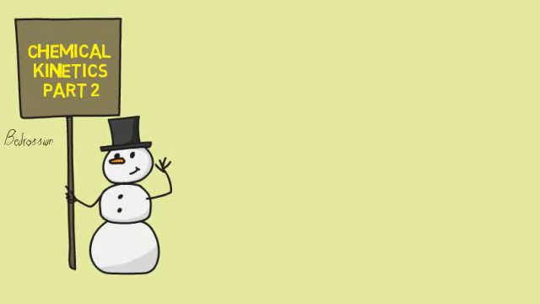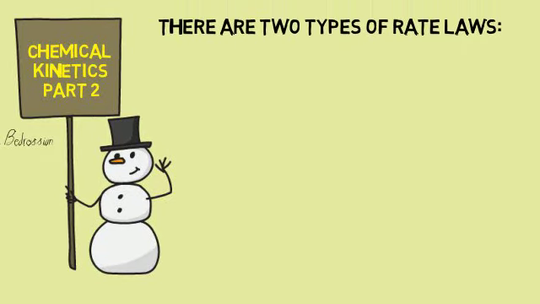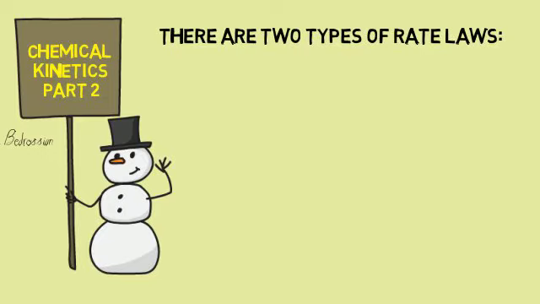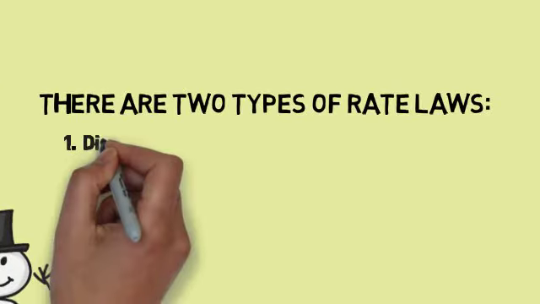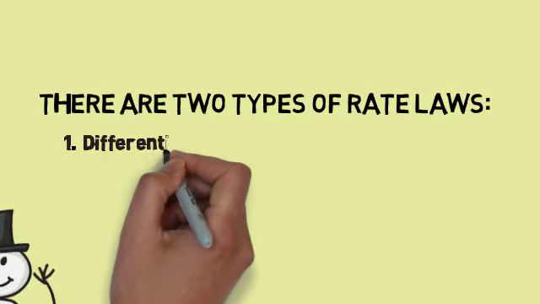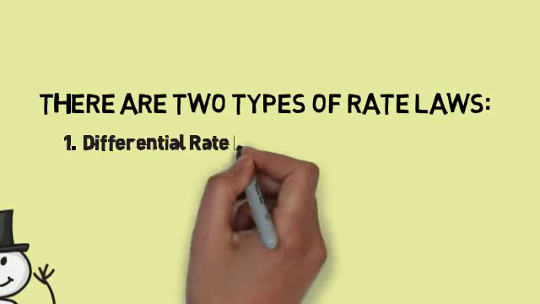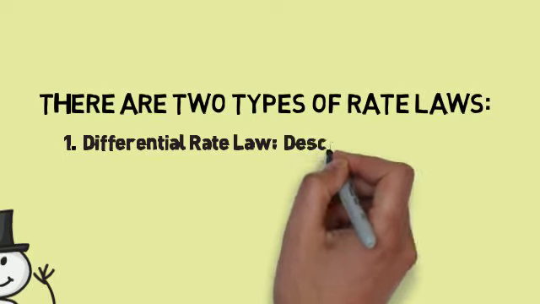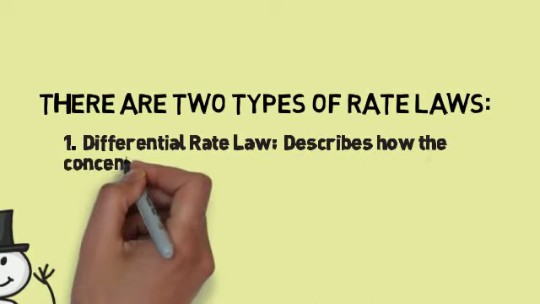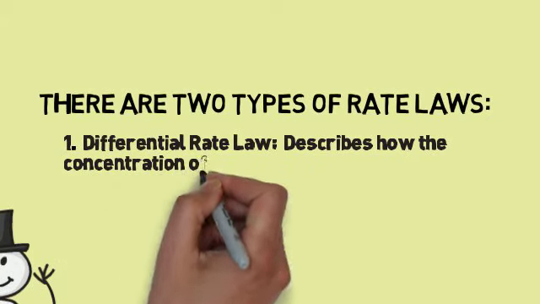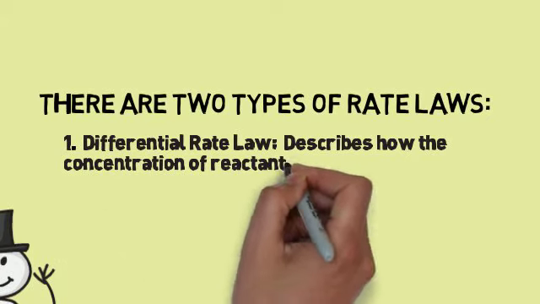All right, there are two types of rate laws. The first one is called the differential rate law, and this specifically describes how the concentration of the reactants affects the reaction rate.